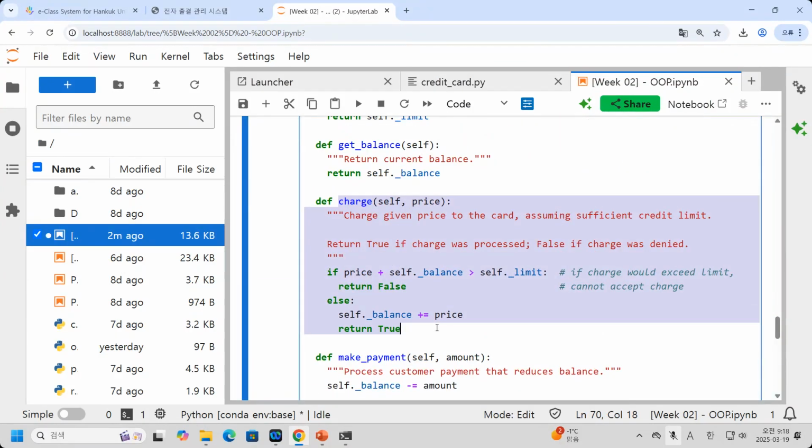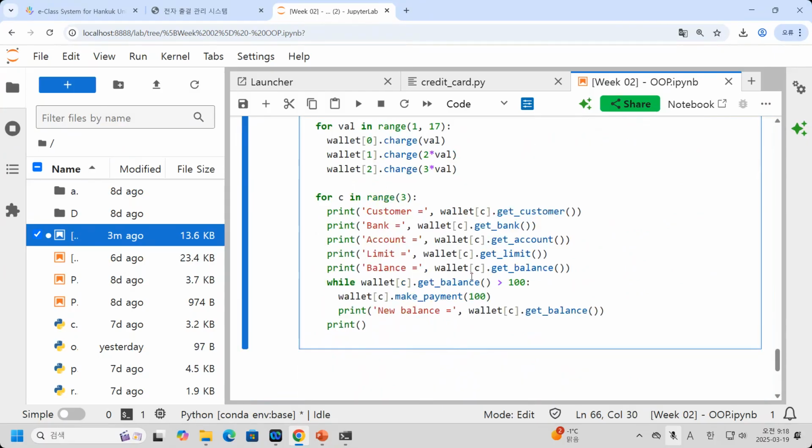This is the charge. So the one that we learned before, whenever there is a transaction, it will be added, added, added. And then it will be checked with the limit, whether the transaction is more than the limit or not.